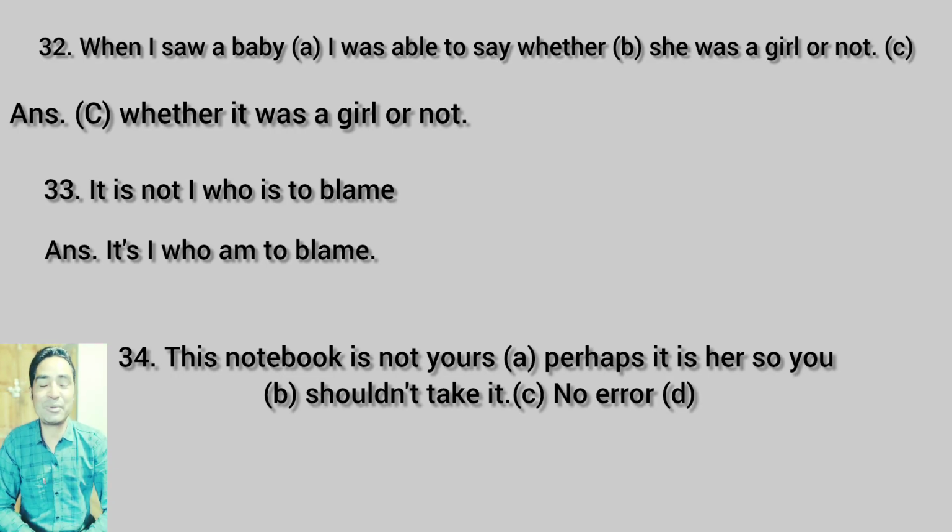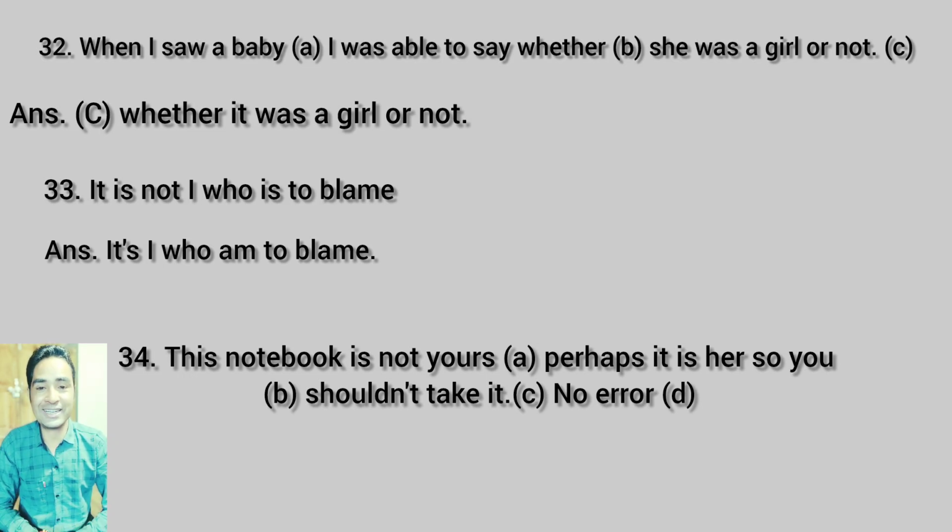I subjective case, me objective case, mine possessive case. She subjective case, her objective case, hers possessive case. He subjective case, him objective case, his possessive case. You subjective case, you objective case, yours possessive case.